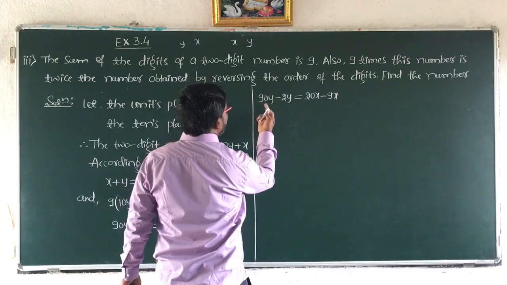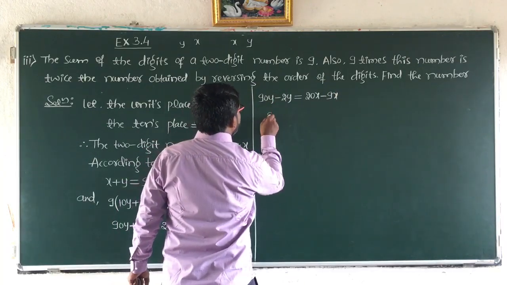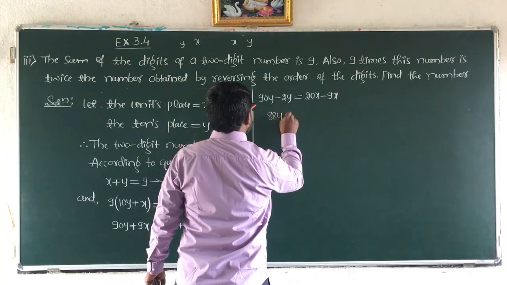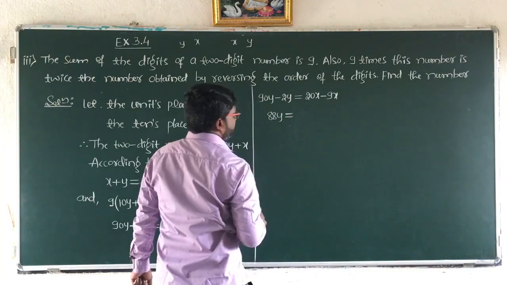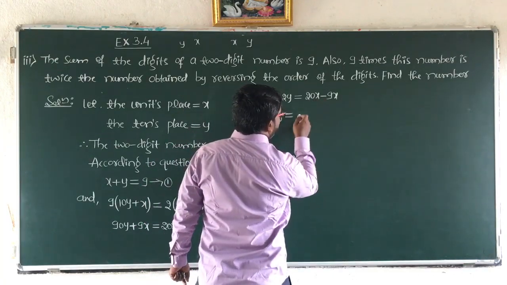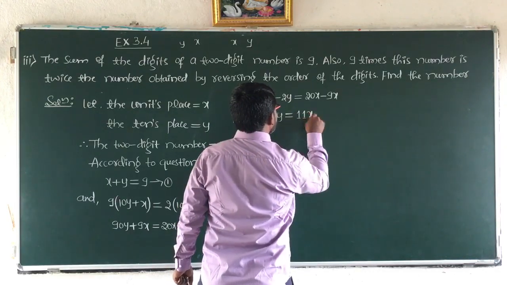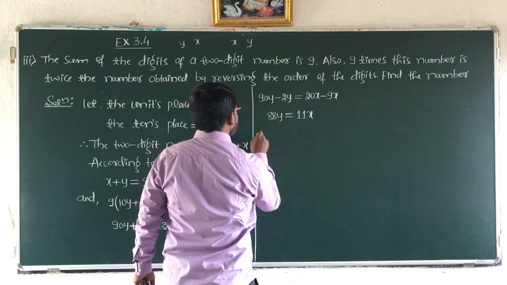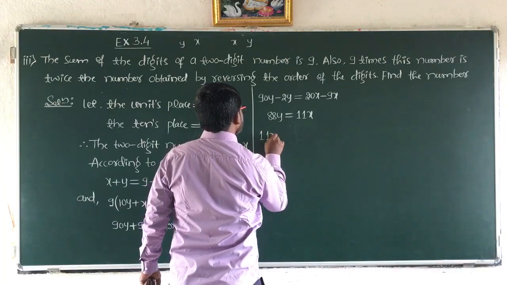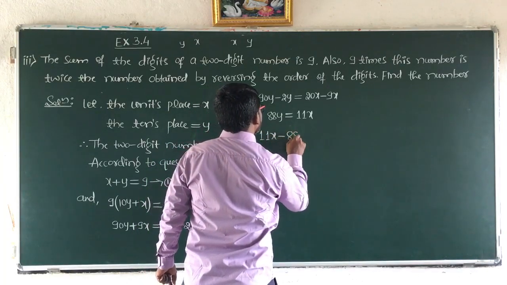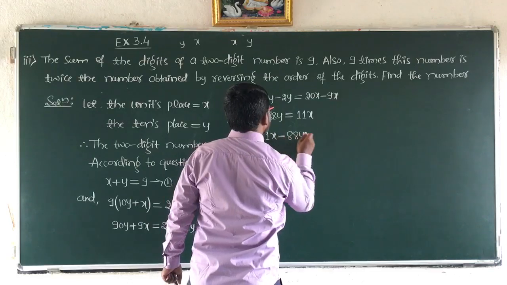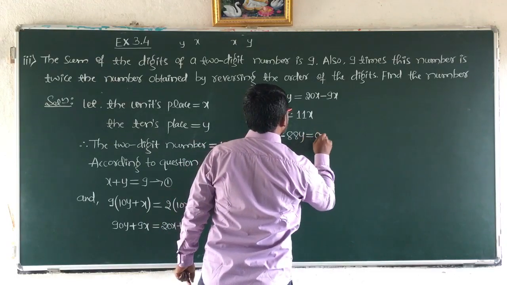So 90y minus 2y will be 88y, which is equal to 20x minus 9x, which will be 11x. So it is 11x. This can be written as 11x minus 88y, which is equal to 0.